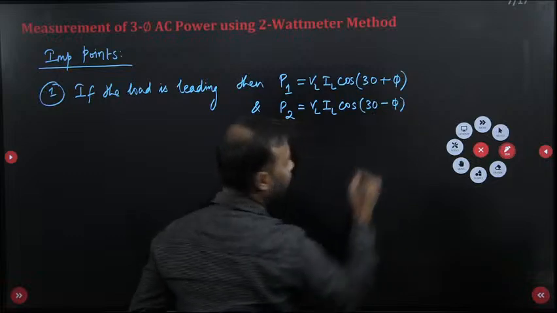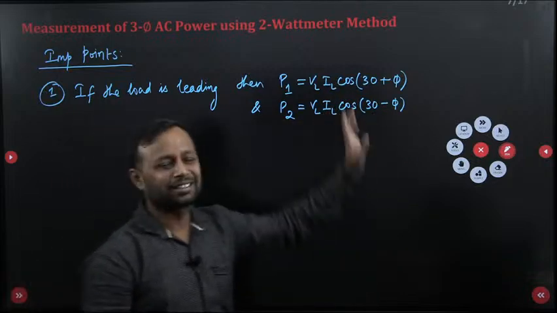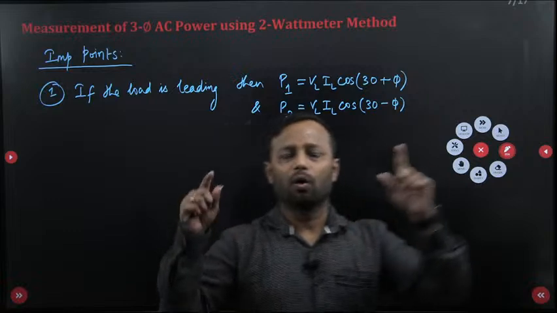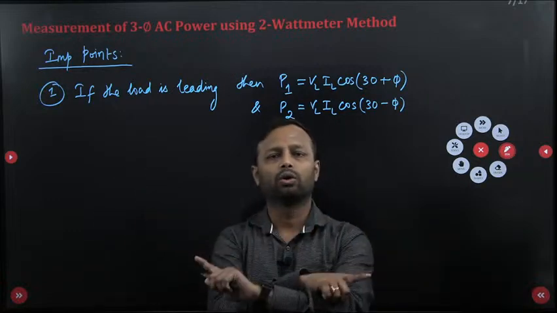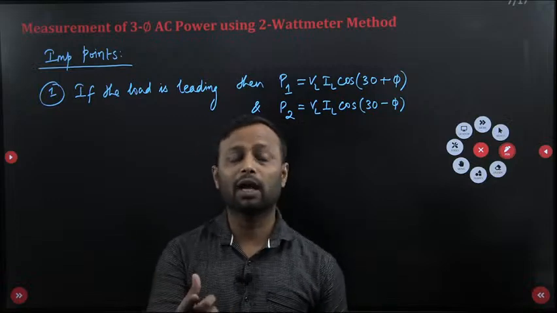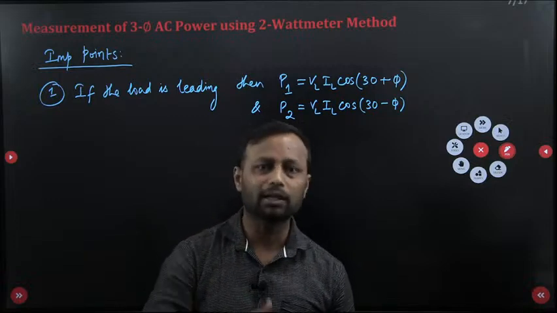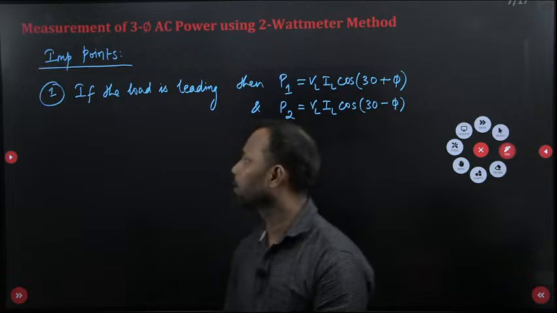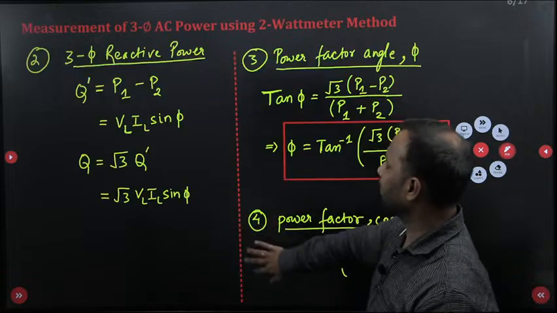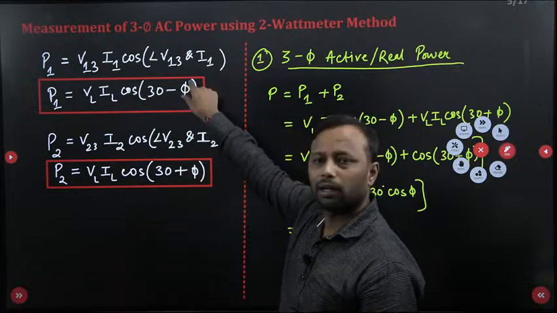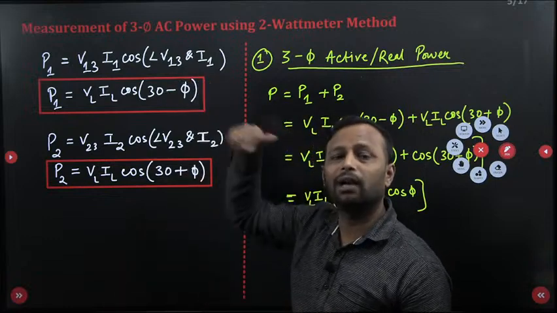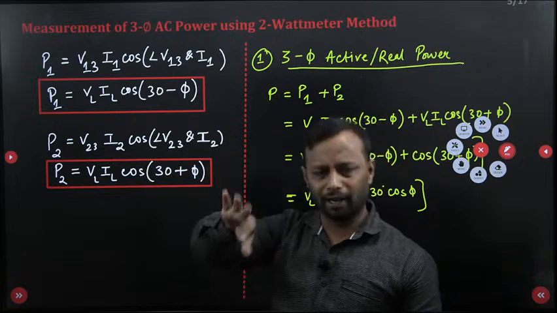So 30 is what? This is degree, na? That 30 is degree. So what I mean to say is that whatever formula you have derived for the lagging, just swap those two. That will become the reading for the leading type of load. Leading type of load means RC type of load. Anyway, you can easily remember, there is a shortcut for that. Since we have derived the formula by considering the lagging, for leading the angle will be opposite to that.